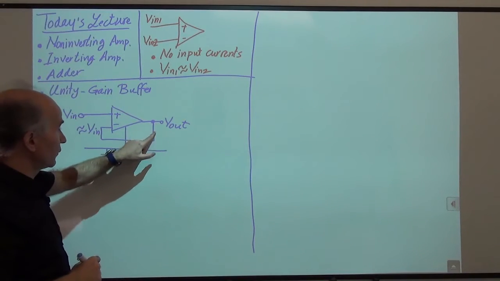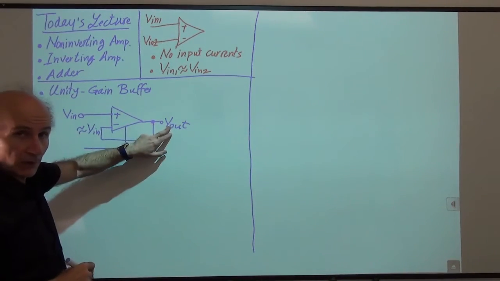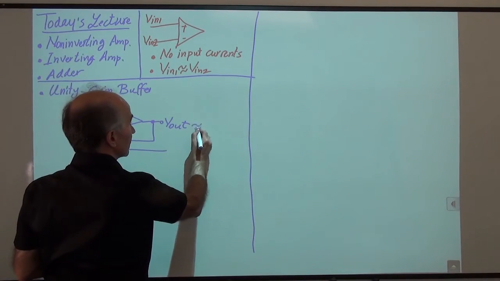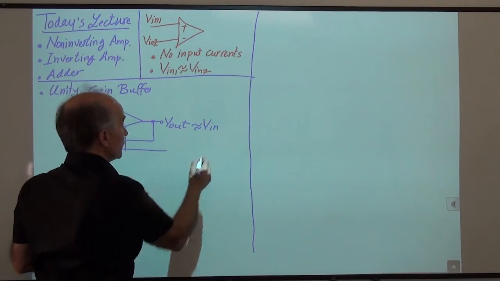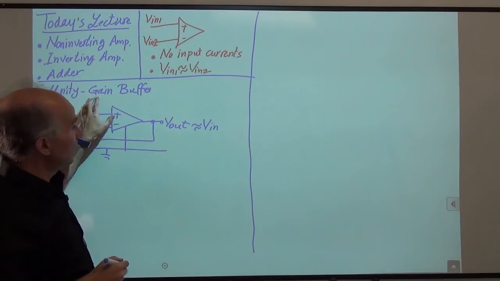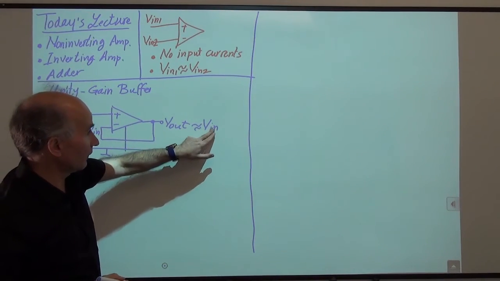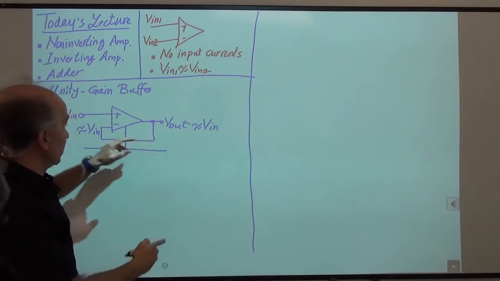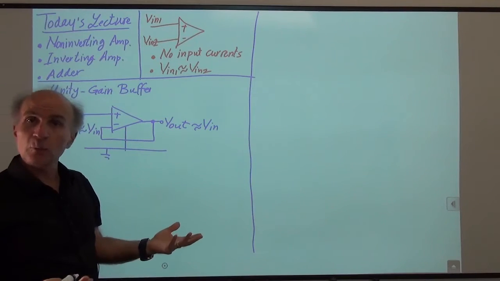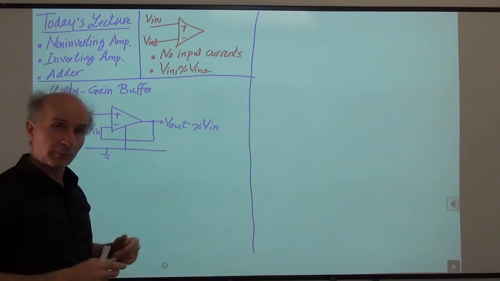And because the output is just shorted to this input, the output is also approximately equal to V-in. So we say this is a unity gain circuit because you can see that the voltage gain is 1 as I go from the input to the output. If I put this in a black box, and I ask you, how much is the voltage gain? You say it's about 1 because all of the input went to the output.